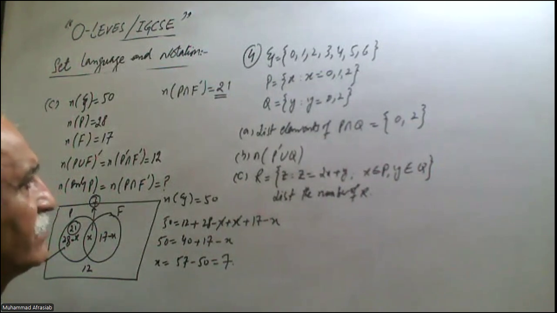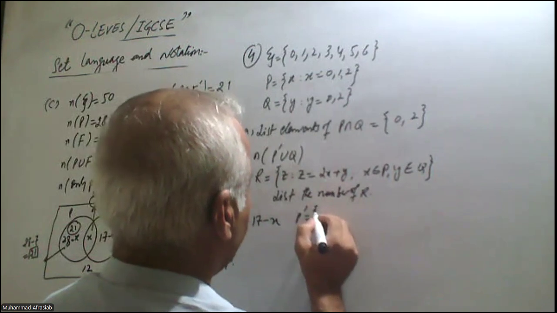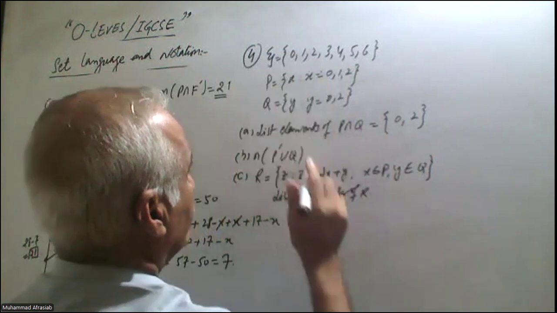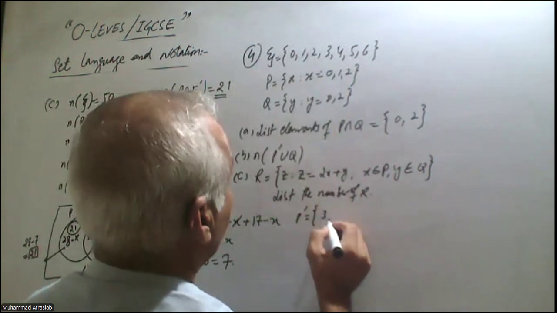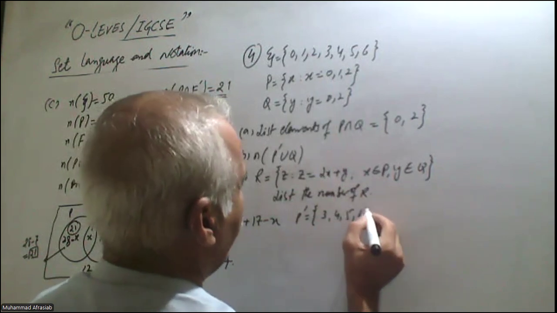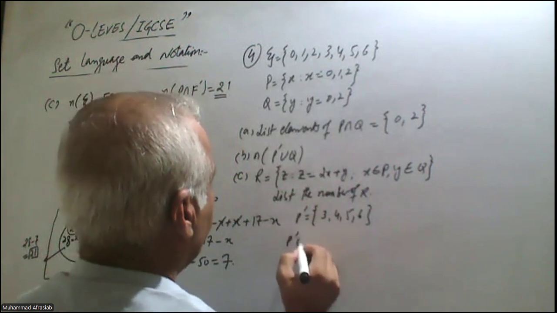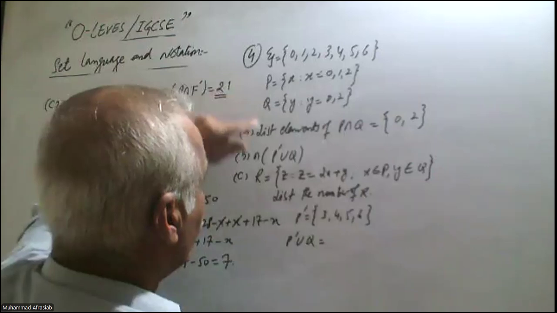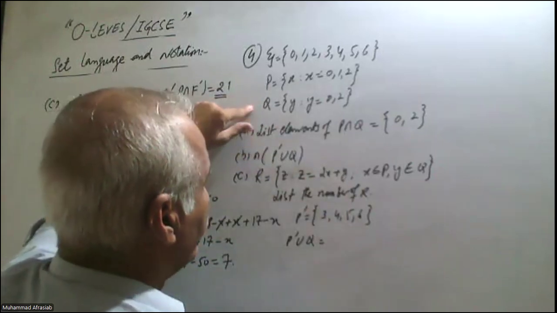Then P complement union Q. First of all, we will find P complement. That is all the universal elements but not of P. 0, 1, 2 are excluded, so it should be equal to 3, 4, 5, and 6. Then P complement union Q: P complement is 3, 4, 5, 6 with the union of Q which is 0, 2.